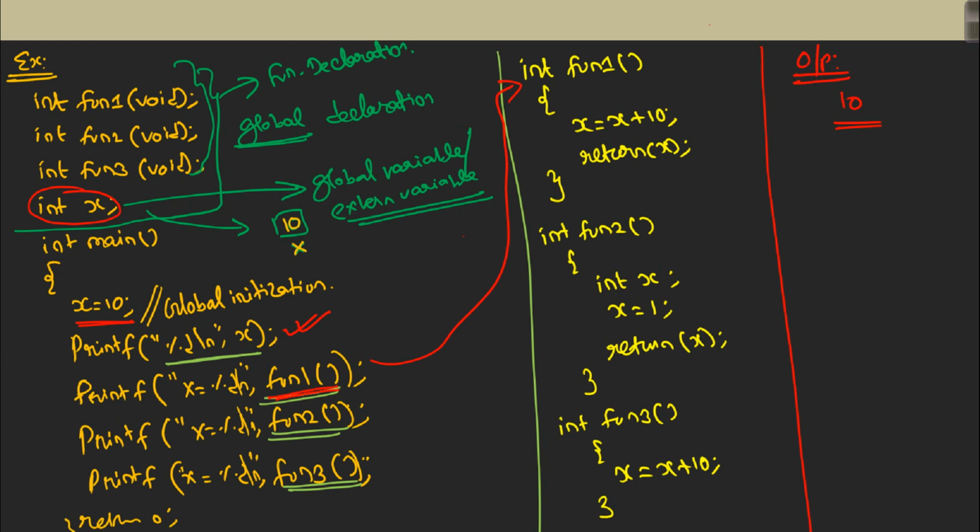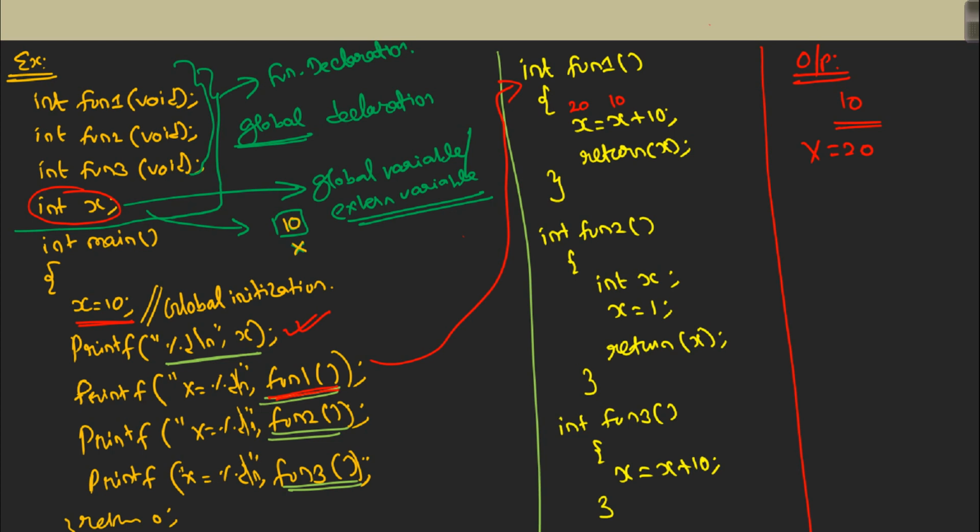And here you are not declaring any x, you are just adding 10 to the value of x. Previously the value of x is 10, so 10 plus 10, the answer will be 20 here, the x value will be 20 and it will be returned. So printf x equal to, now x equal to 20 will be printed.